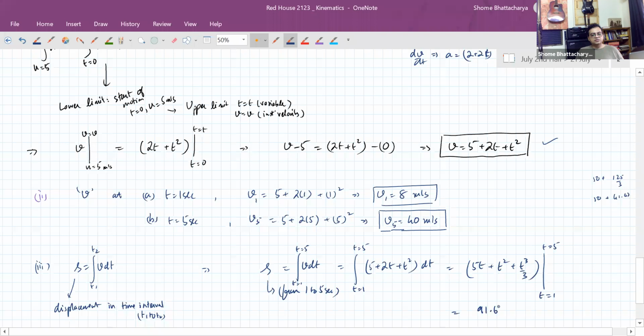Upper limit will be 91.67 minus lower limit will become how much? 5 plus 1 plus 1 by 3, so 6.33. So that will become 85.34. And in the positive direction, that is the displacement from 1 to 5 seconds.